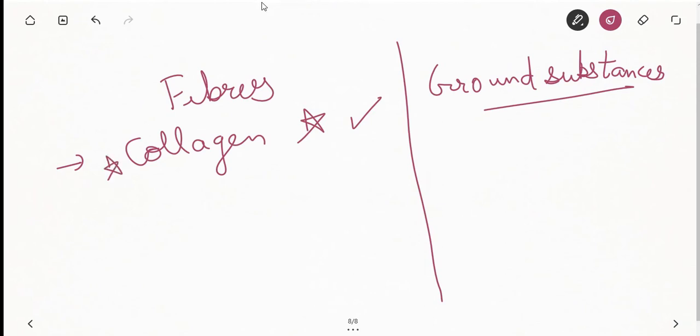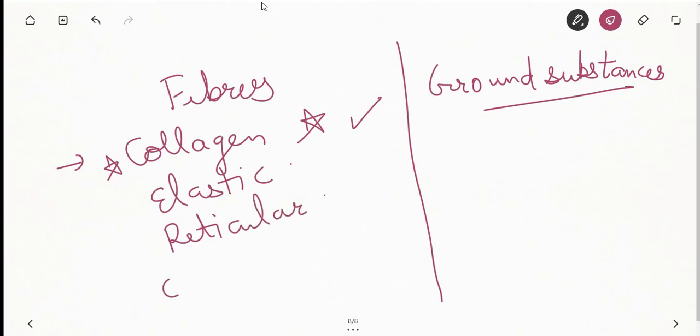Other fibers are elastic fibers, reticular fibers, oxytalan fibers, and indifferent fiber plexus.